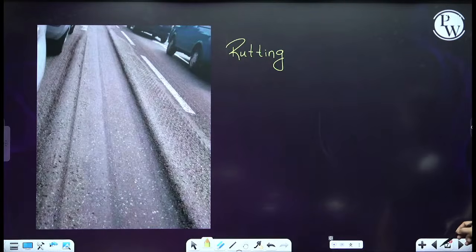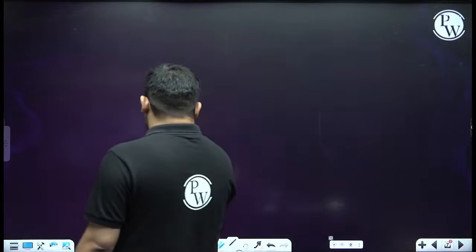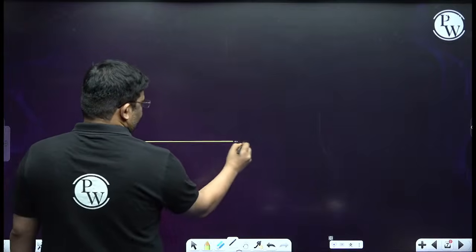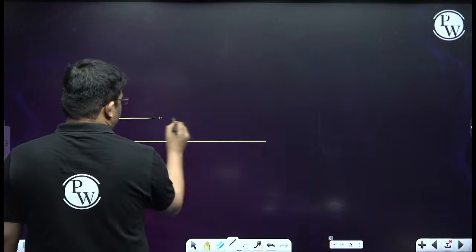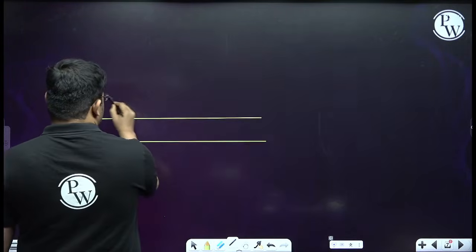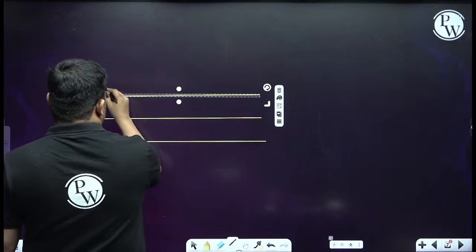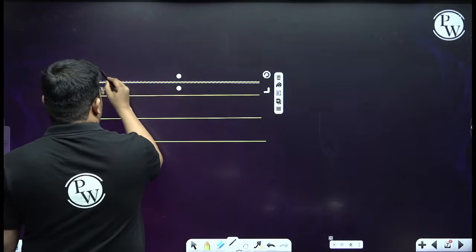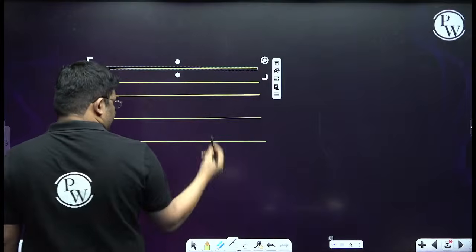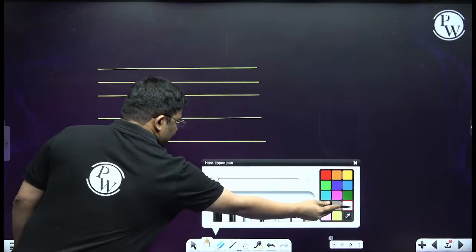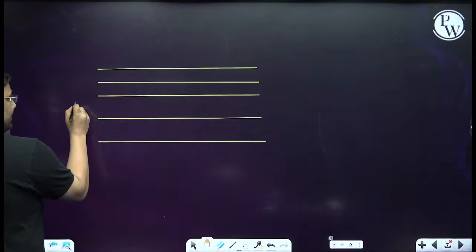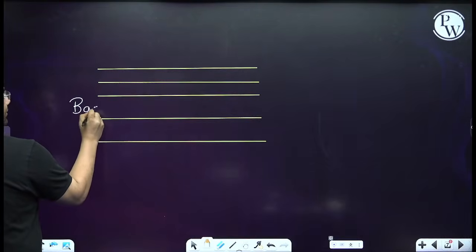Now, what are the strains responsible for fatigue cracking? Let us redraw the layers. First is subgrade, then we have the subbase, then the base, and then the binder and surface. So, this is the base layer.